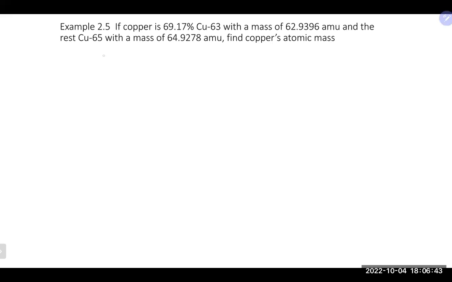Okay, let's take a look here. We're looking for the atomic mass, so we will use the formula that we just talked about. It's the percentage times the AMU of the first isotope, plus the percentage times the AMU of the next isotope, and so forth. In this case, we have two copper isotopes.